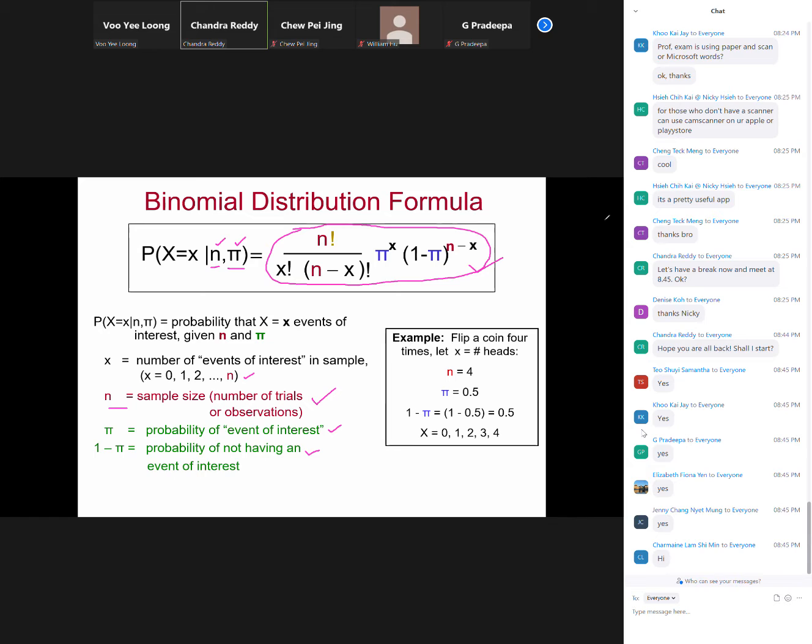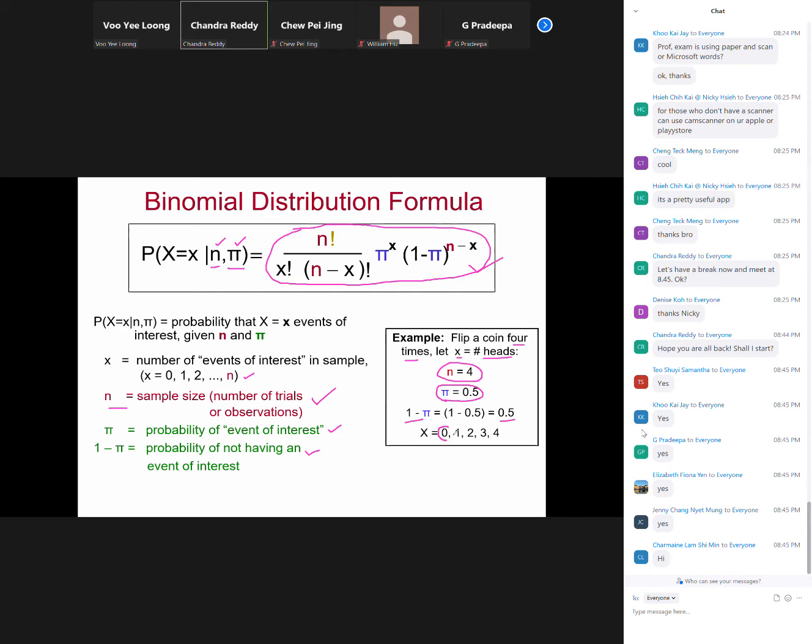For example, if you flip a coin 4 times, let X be the number of heads. The sample size is 4. The probability of getting a head is 0.5, so pi is 0.5, and 1 minus pi is again 0.5. When you flip a coin 4 times, you may get all 4 tails, so there is 0 probability of getting a head.